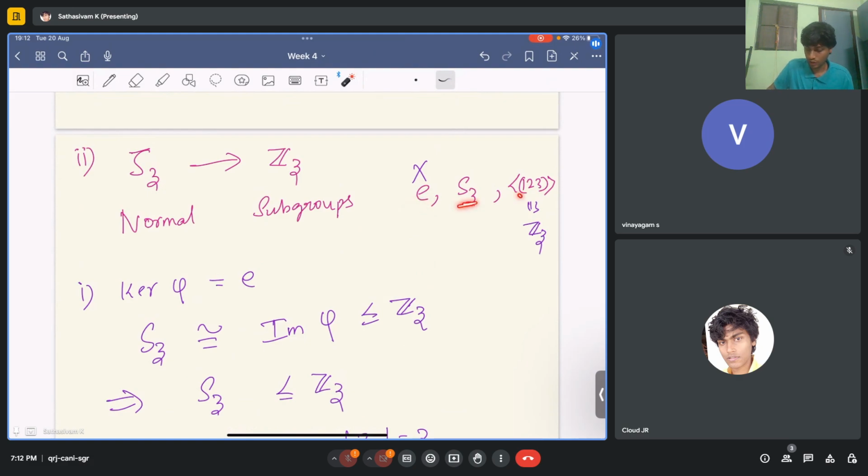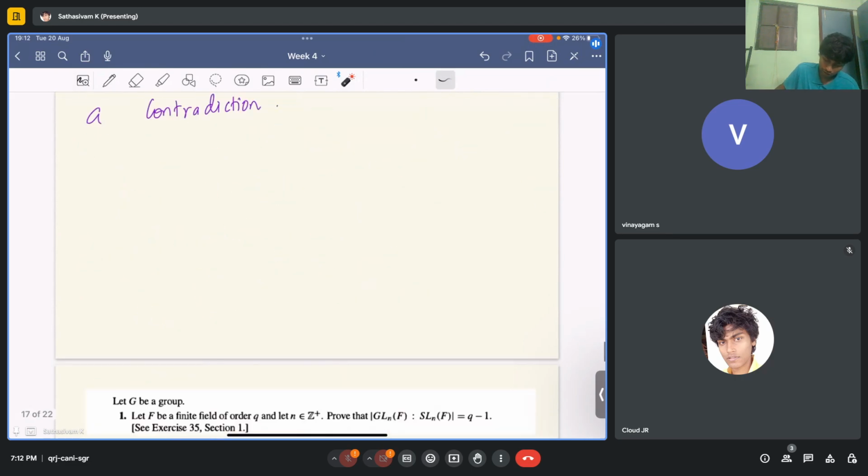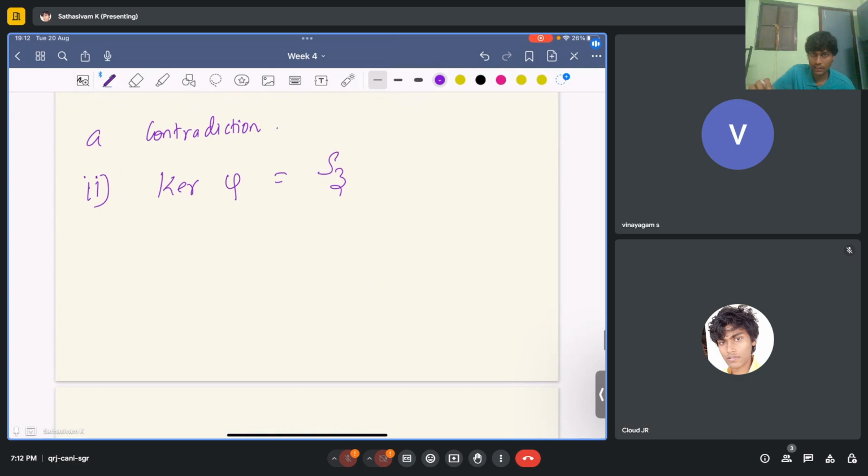So let's look at the other two. Here we are considering the case where the kernel itself is S3.